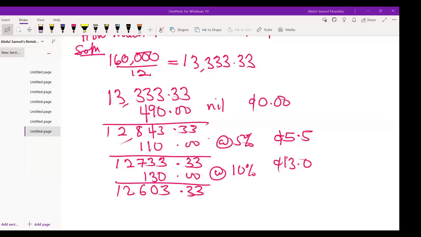Now, the next on the schedule is 3,167, and that is going to be taxed at 17.5%. What do you get? 554.23. Okay.